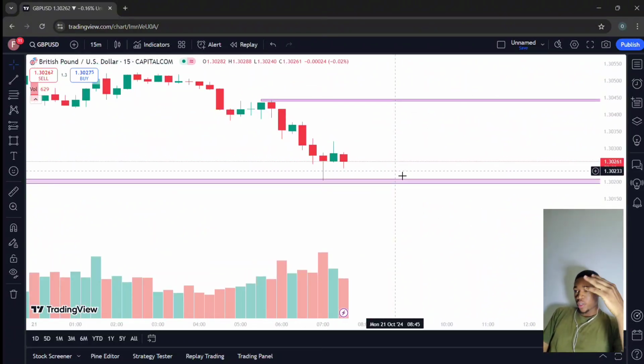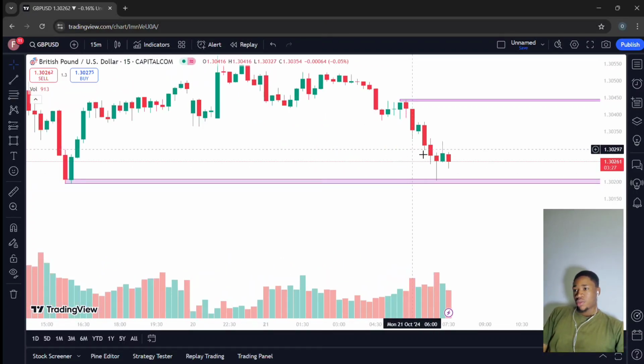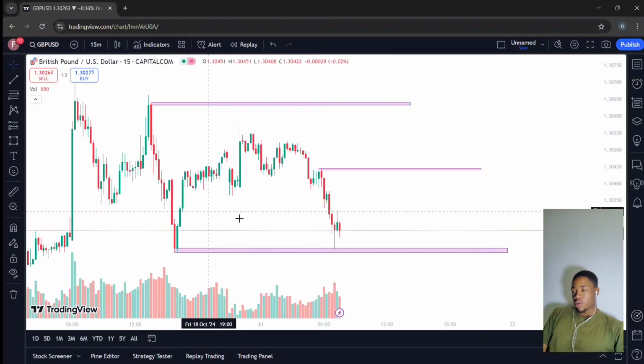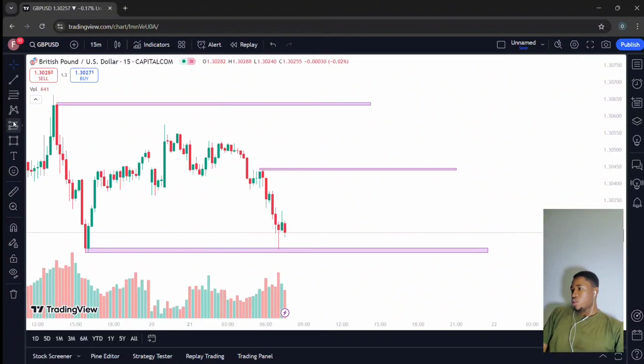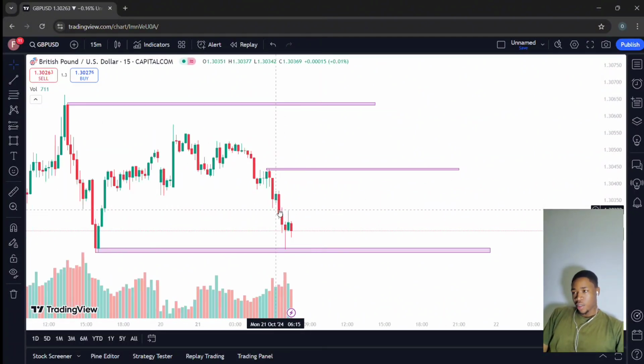We're supposed to wait for other forms of confirmation before executing the plan, but let's just go right in. So we'll be going for, I would have said we should be going for a long, but we are looking for opportunities to sell.